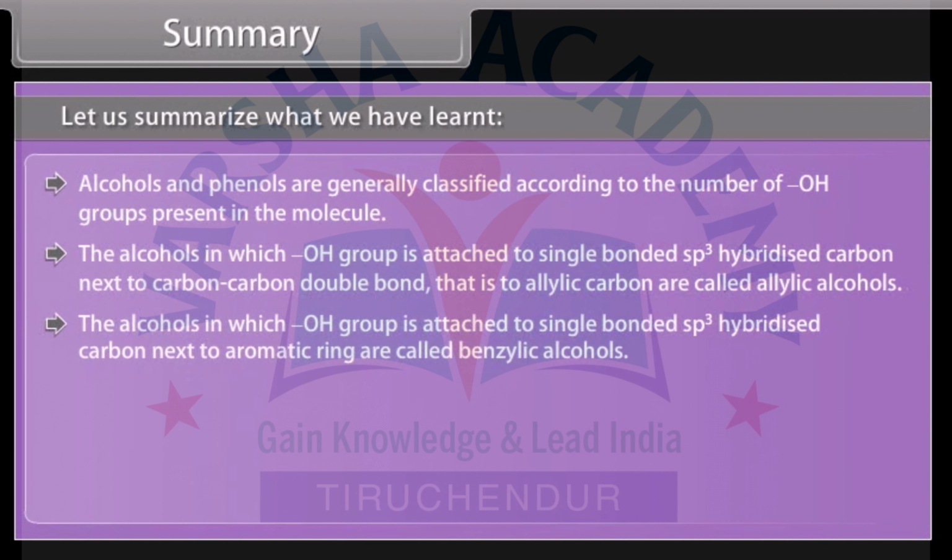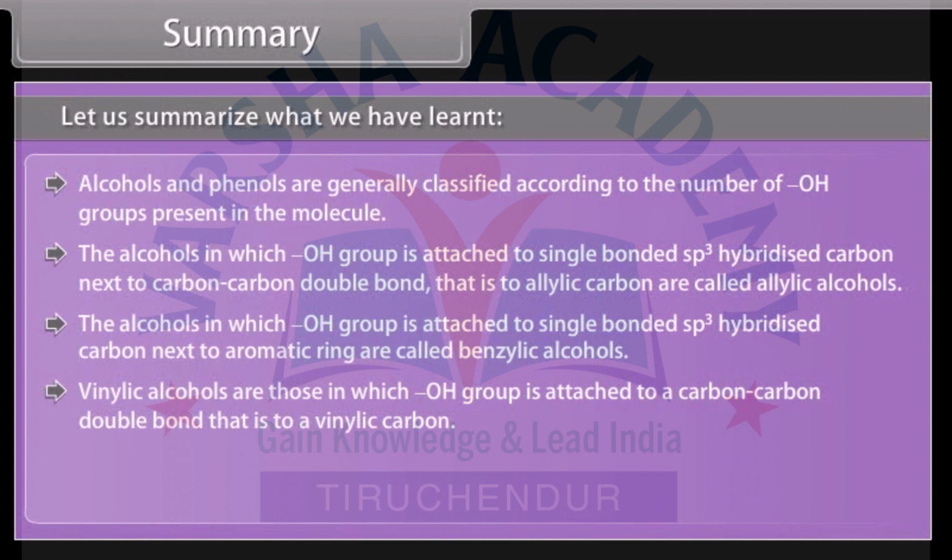The alcohols in which the hydroxyl group is attached to a single bonded sp3 hybridized carbon next to an aromatic ring are called benzylic alcohols. Vinylic alcohols are those in which the hydroxyl group is attached to a carbon-carbon double bond, that is, to a vinylic carbon.